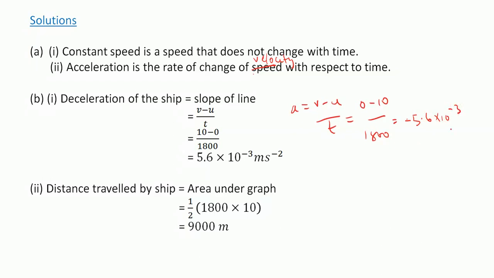So we would have gotten a negative acceleration, which is really a deceleration. Okay, so whenever you're asked to give or to determine the deceleration, you just put a positive value. So the final answer is 5.6 by 10 to the minus 3.